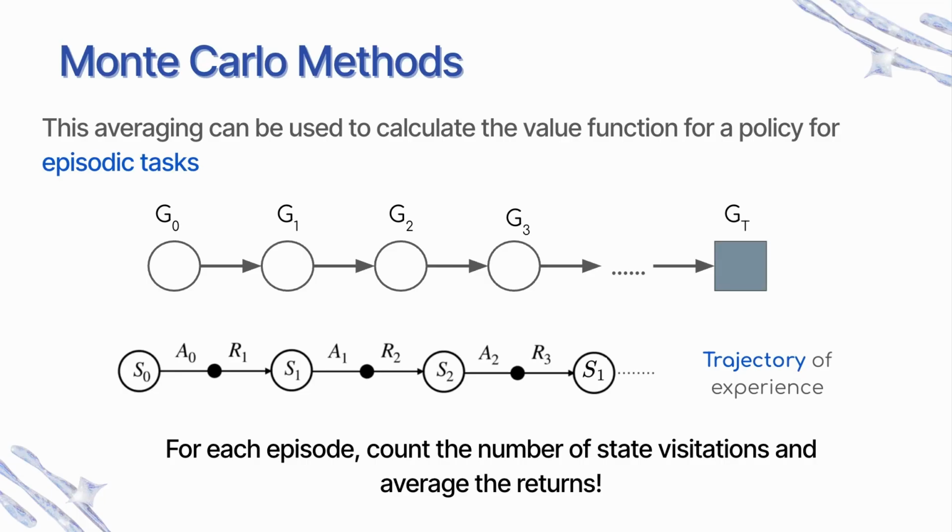So for environments such as chess games, maybe an Atari game like Pong, where there's an end, a winner or loser, you can use Monte Carlo methods to simply sample trajectories and take the average.